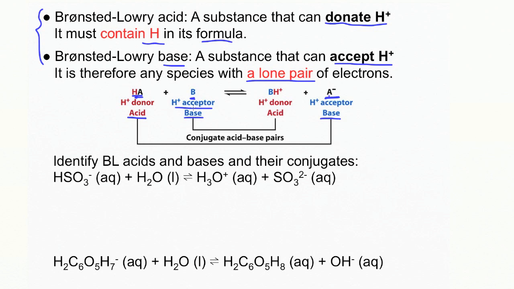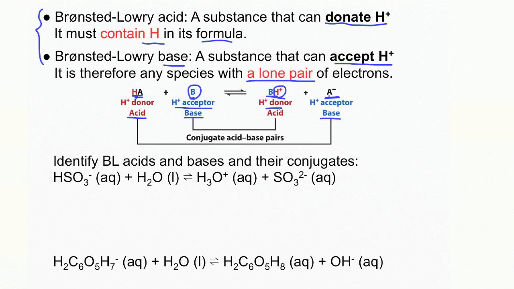On the other hand, after B accepts one proton, it becomes BH plus. And again, the only difference between these two formulas is just one proton. After the base accepts one proton to become BH plus, it has potential to donate this proton to A minus, so BH plus can act as a proton donor.